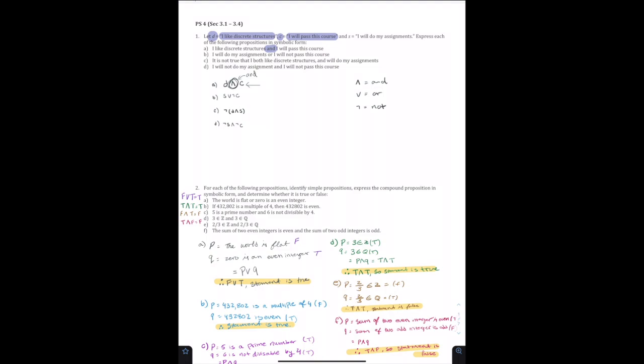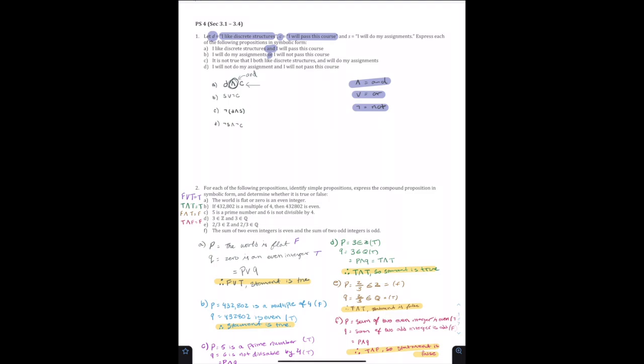And then the next one, for B, is I will do my assignments or I will not pass this course. Again, we have an or. As we remember, I also added this: that symbol is and, that symbol is or, and that symbol is not.